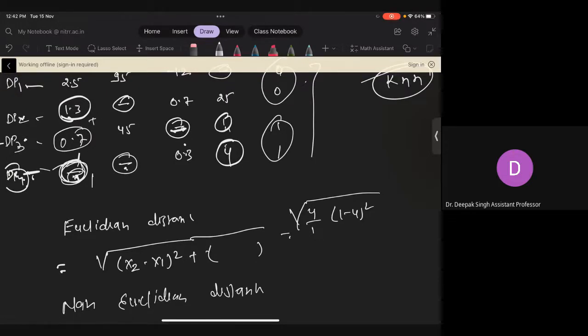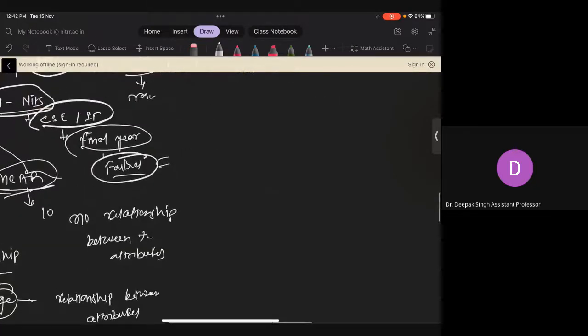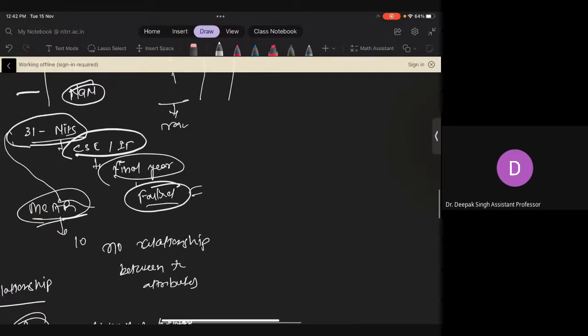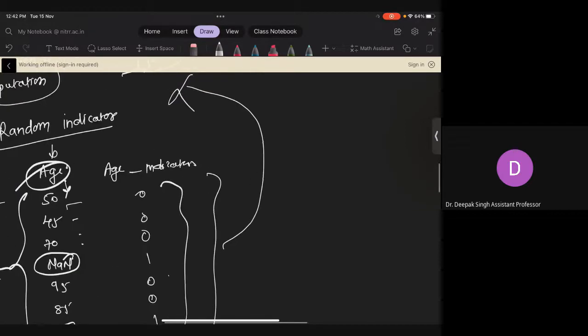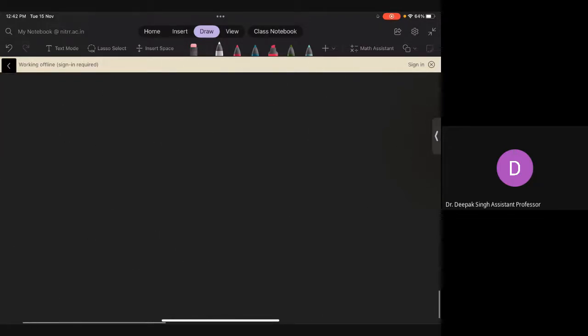The other approach is the iterative imputer. Okay. This will be the last imputer that we are going to see today.